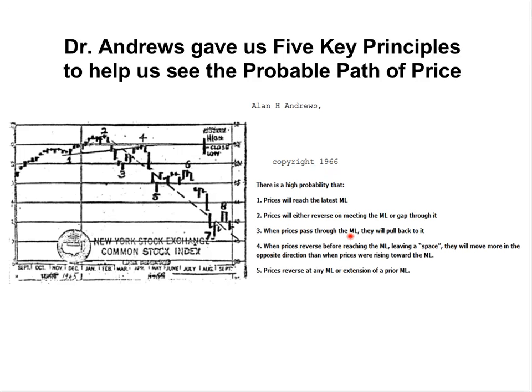When prices pass through the median line, they will pull back to it. Let me read that one again, it's very important. When prices pass through the median line, they will pull back to it. When prices reverse before reaching the median line, leaving a space, they will move more in the opposite direction than when prices were rising toward the median line.